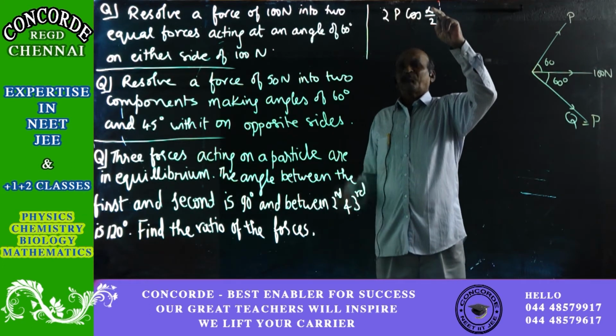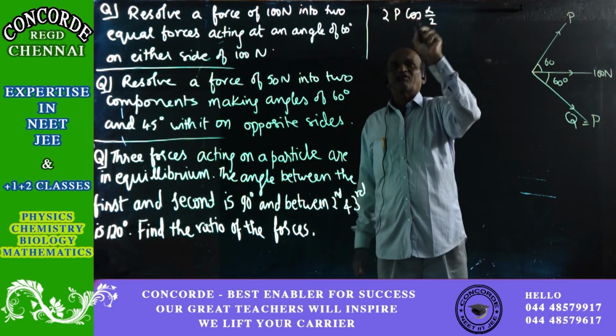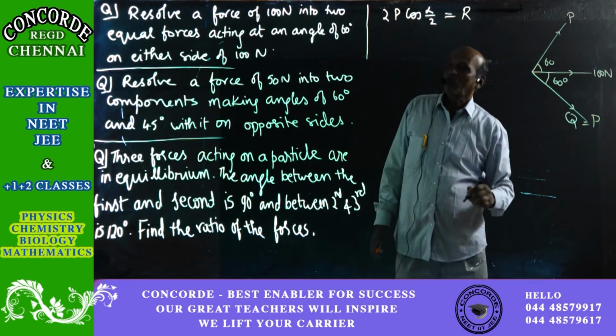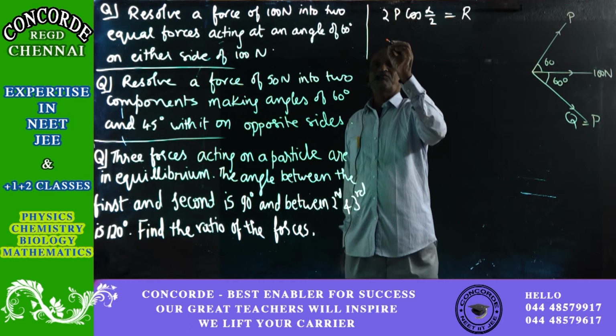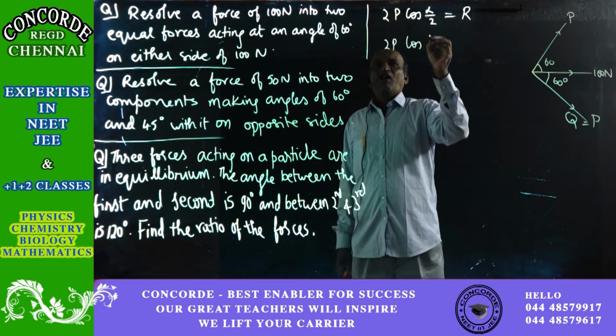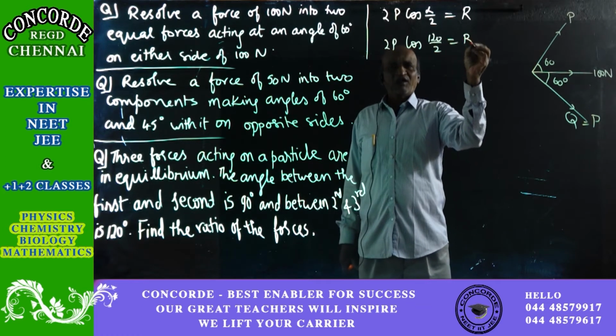So put alpha equal to 120, so 120 by 2 will be 60. 2P cos alpha by 2 is equal to the resultant. So we get 2P into cos of 120 by 2 equal to R.